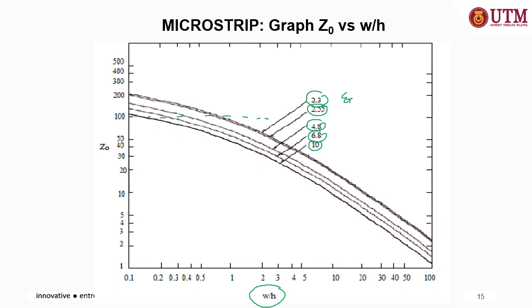For example, if the substrate material used is 2.3 and Z0 equals 100, this is the line for 2.3, crossing there. So you can get the ratio of W over H is about 0.9 something.